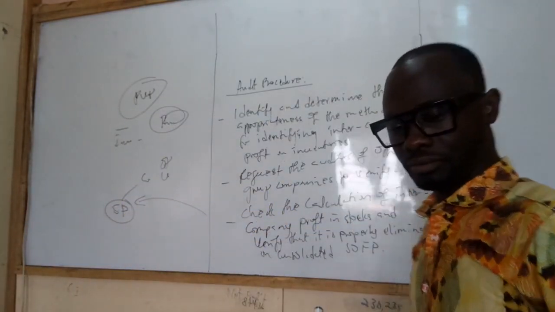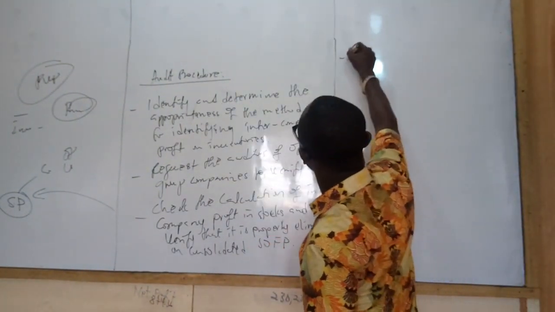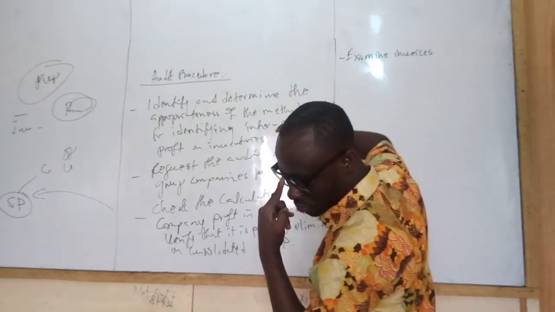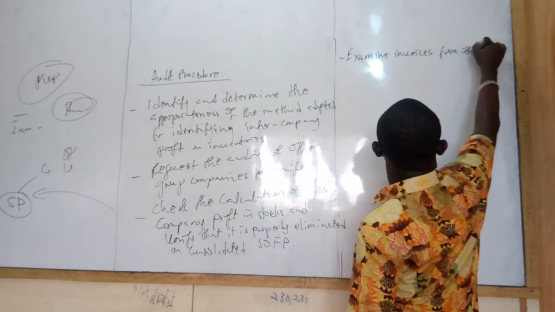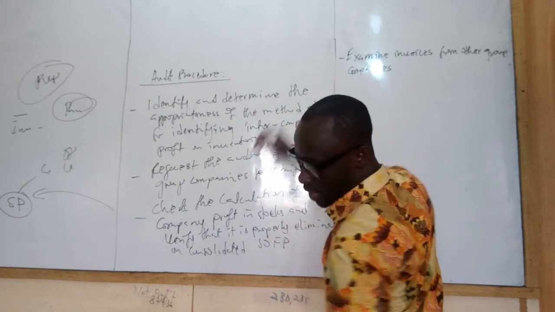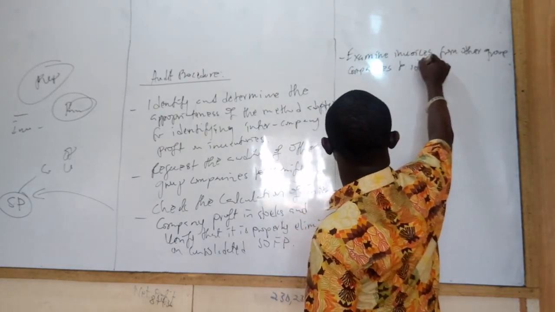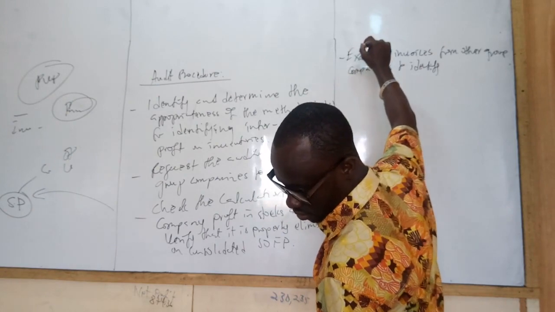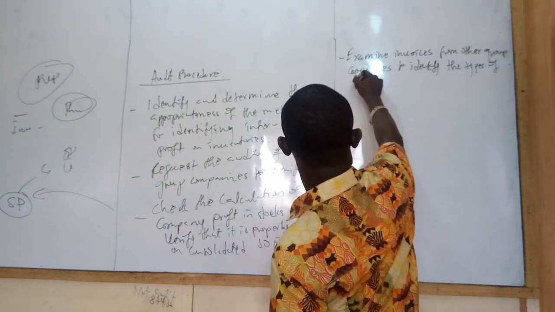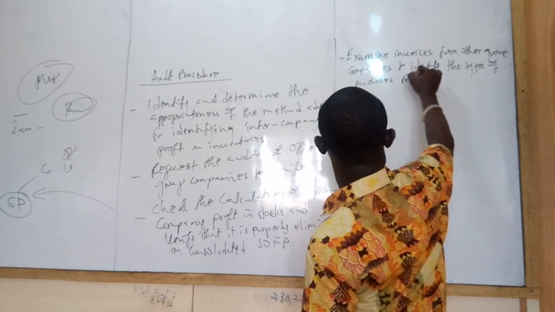So, next thing is to examine invoices from other group companies to identify the types of purchases from those companies.